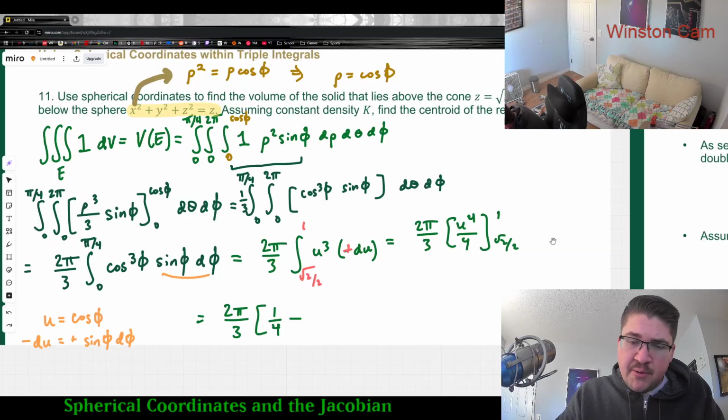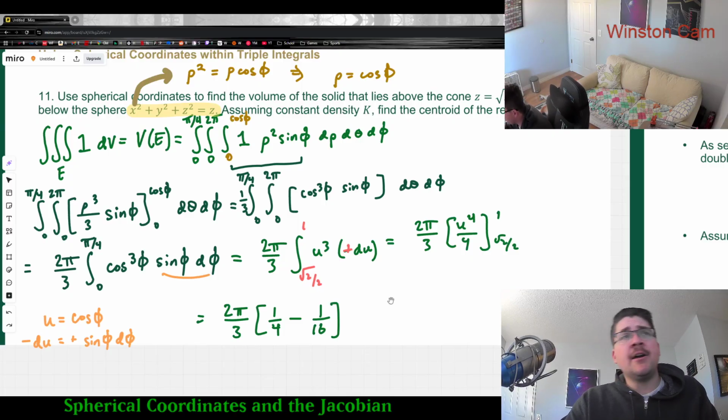And then when we plug in root 2 over 2, when you square root 2 over 2, you just get 2/4 or 1/2. So this is actually just going to be 1/2 squared, which is 1/4. So we have 1/4 divided by 4. That all should just be 1/16, assuming my mental math is doing okay here.